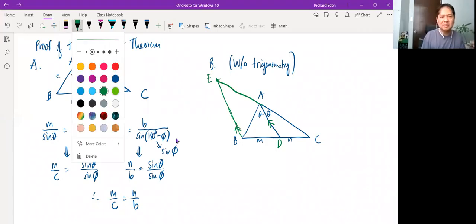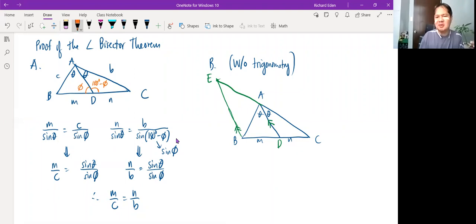Because of the parallelism, because AD is parallel to EB, since angle CAD equals theta, then this angle should also be theta.